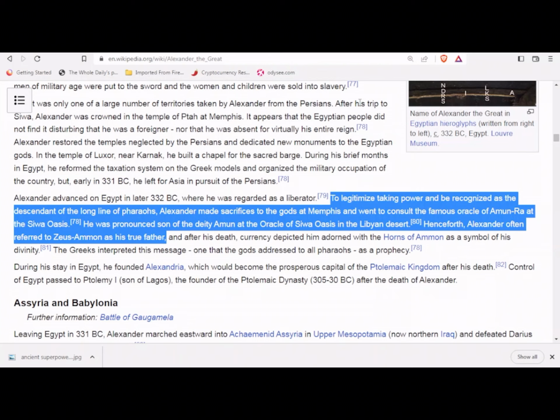So now we see this Macedonian coming to the land of Ham, but he's saying that he's a legitimate ruler because he's a descendant of the long line of pharaohs. So thinking about the things we've spoken about with this mythology, where we're connecting Zeus with Cush, what is actually going on here is Alexander is coming to this region to say, I'm a descendant of Cush or of Ham.